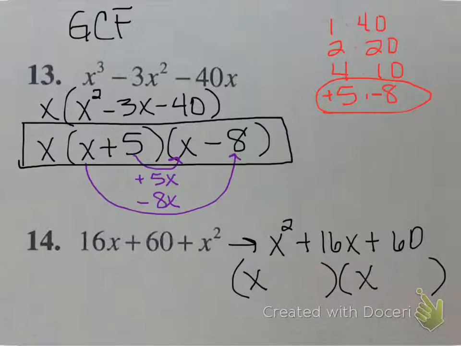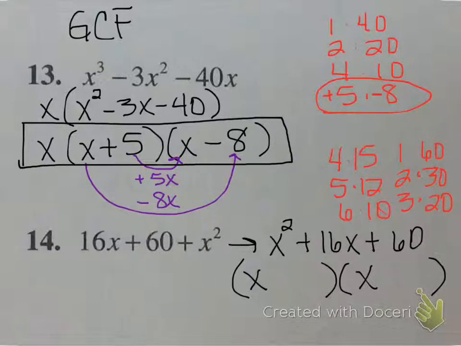X and x, factors of 60 that combine for 16. So let's see here, I've got 1 times 60, 2 times 30, 3 times 20, 4 times 15, and 5 times 12, and 6 times 10.